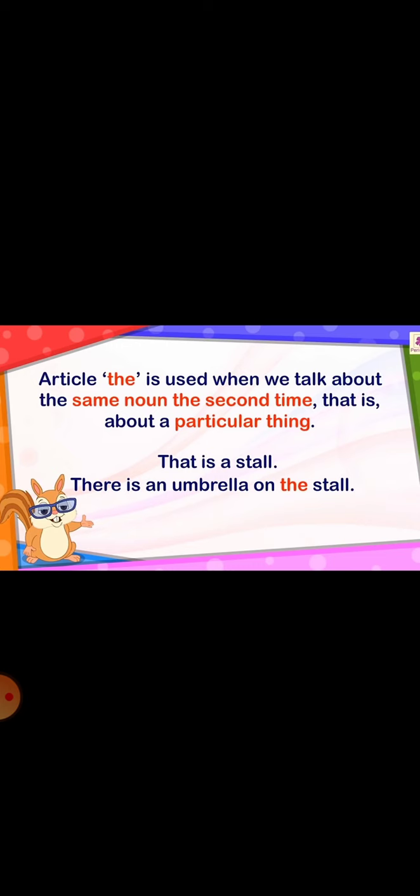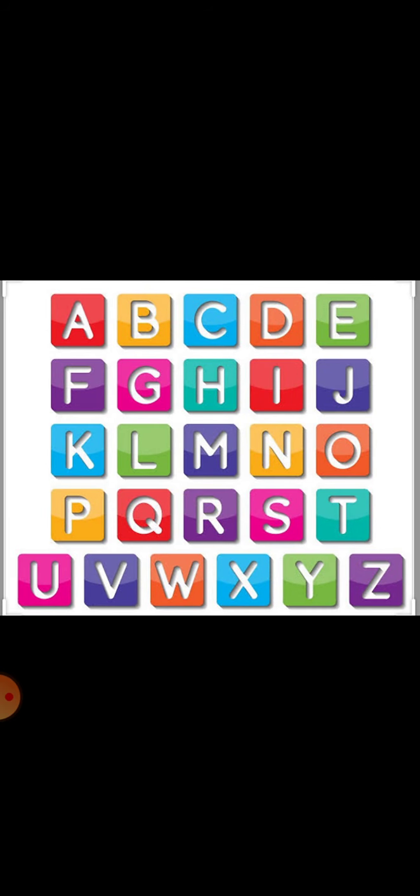So when we talk about the same thing a second time, we use the article the. Already in the first sentence we used stall, so the second time we use the. For example, the bicycles, the erasers, the ostriches, the dolls.